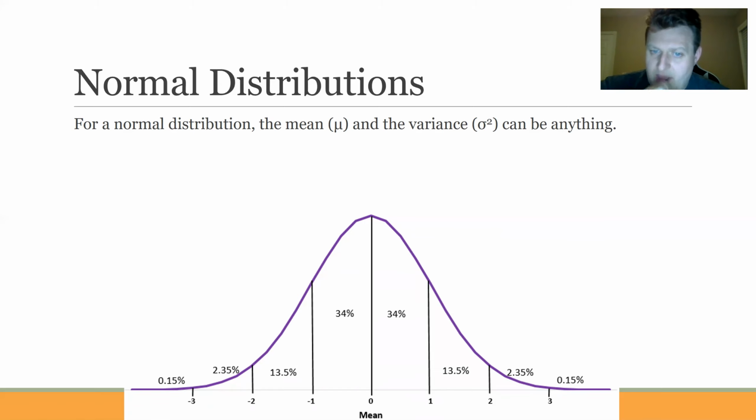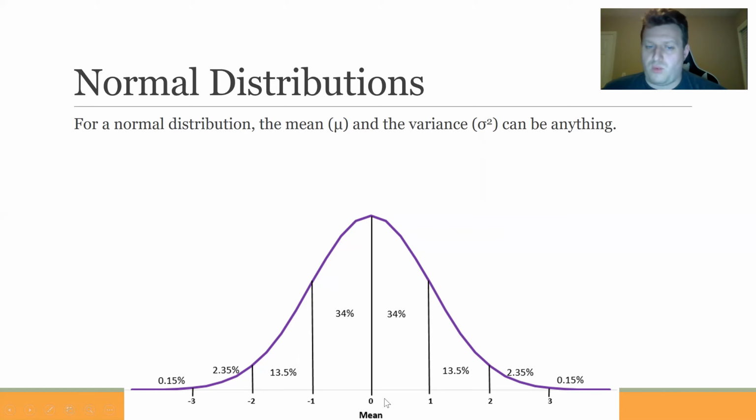I'm showing you this, and I want you to memorize this entire thing. I don't ask you to memorize much in this class, but this is something I want you to memorize. This tells us the percentage of our population that is found within a given part of the normal distribution. A mean of 0, think of this as the mean.